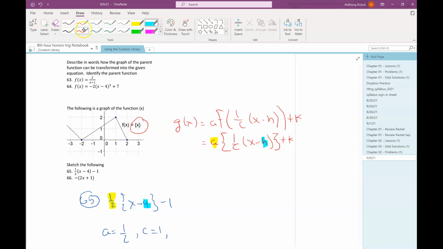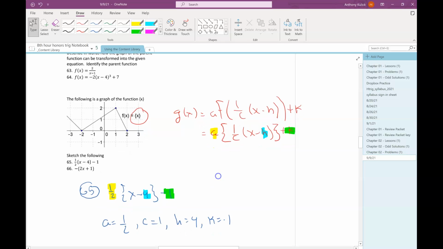My h is 4. And then my k is -1. We good there?